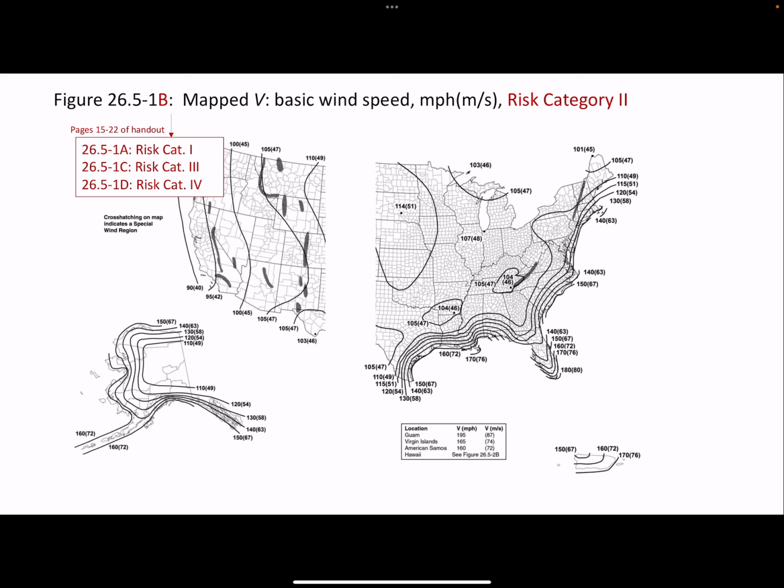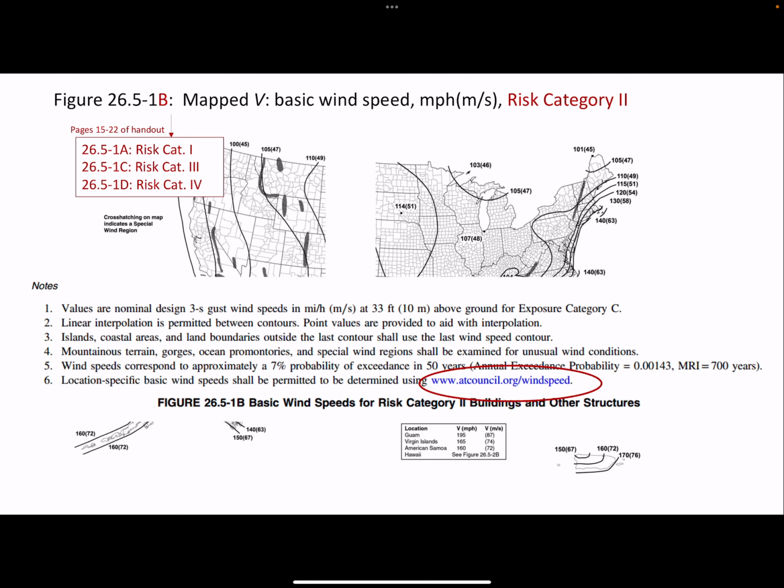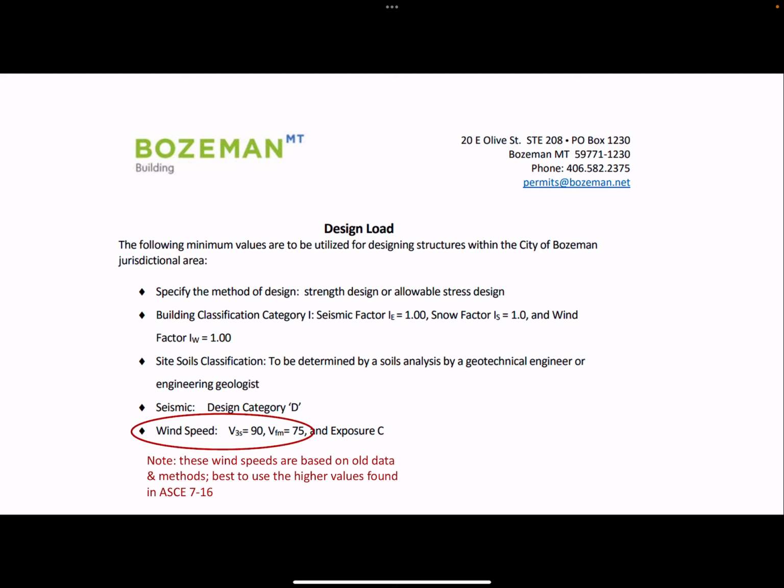And certainly Bozeman is between those values. So you can see that the new version of the standard has a higher minimum recommendation than what the city currently calls for, even though the city cites the building code of Montana, which cites the current version of ASCE 7, which has the higher wind speeds. So they just haven't updated this document, really, is what it comes down to.